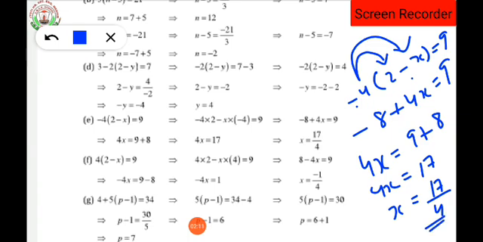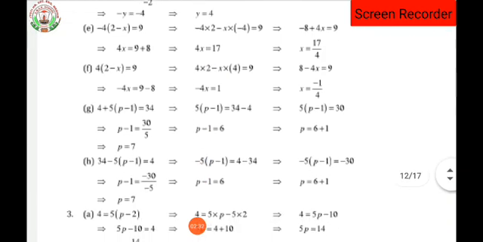Clear everyone? Now you will ask me, teacher, what did we do over here? We had 4x equals 17, so this 4 comes in the denominator of 17, and it becomes x equals 17 upon 4. Clear everyone?